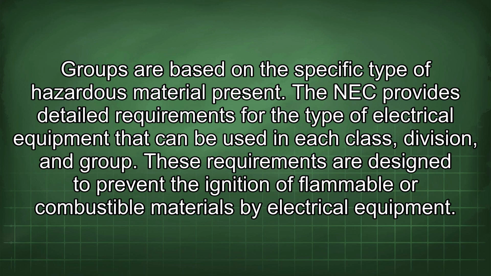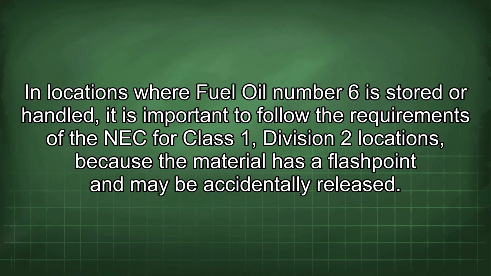The NEC provides detailed requirements for the type of electrical equipment that can be used in each class, division, and group. These requirements are designed to prevent the ignition of flammable or combustible materials by electrical equipment. In locations where fuel oil number 6 is stored or handled, it is important to follow the requirements of the NEC for Class 1, Division 2 locations because the material has a flash point and may be accidentally released.